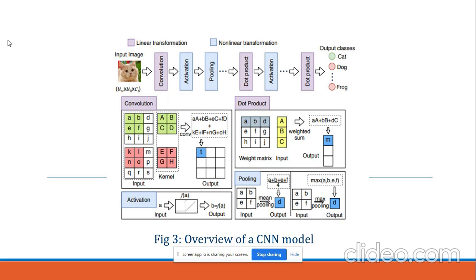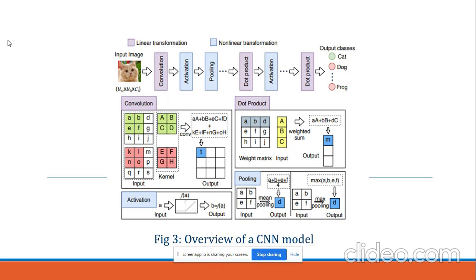The pooling takes the input and divides it into a small number of objects, and the objects are maxified and collected as four variables.